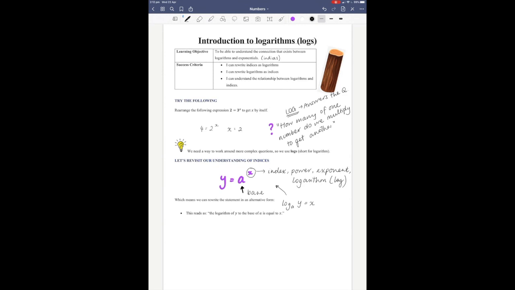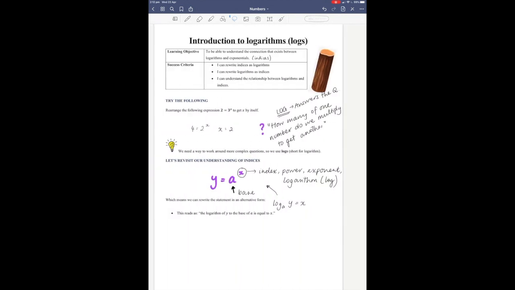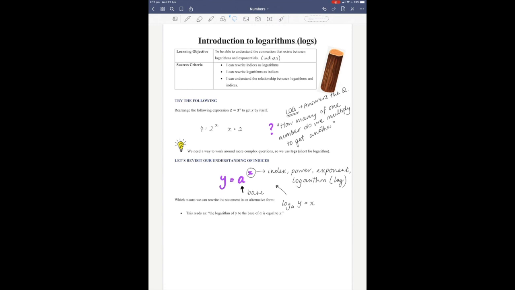So putting this into a worked example, let's take a look at what we've got here. I've said 2 to the power of 5 equals 32. So what we're going to do in this instance is rewrite this in log form. We start by using the word log. Now I said that basically it is log of y to the base a, which is equal to x.